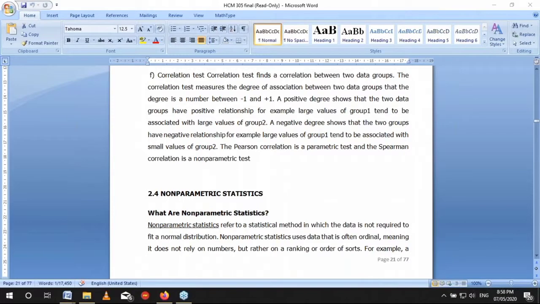Just know it like that. So ridge regression is also known as shrinkage regression.